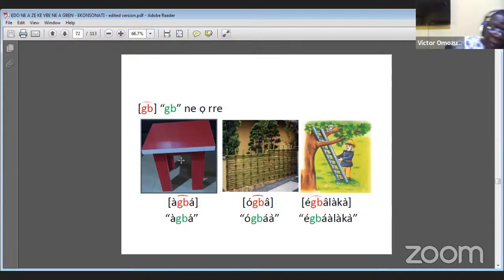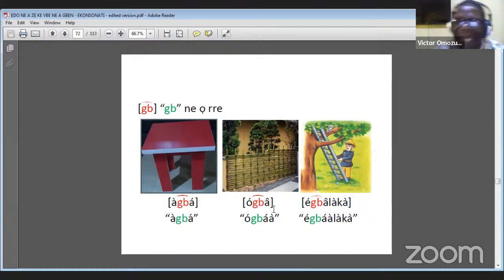Then the other one is Ogba. You can see the picture of Ogba there. That is a fence. You can use different things to make a fence: iron, bamboo, wood, and so on.